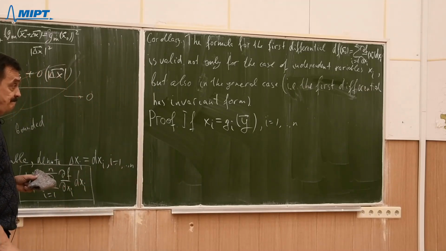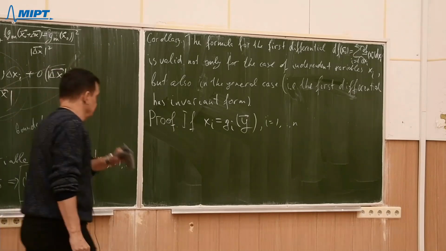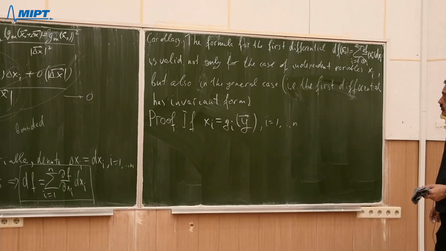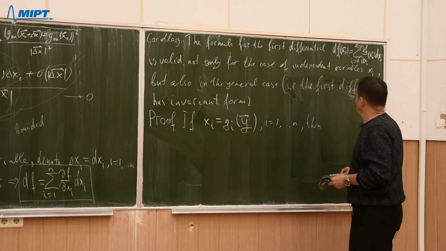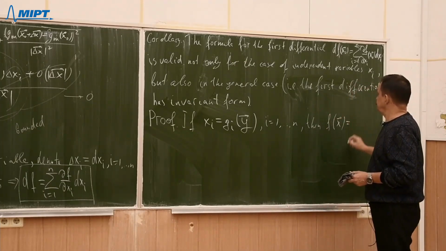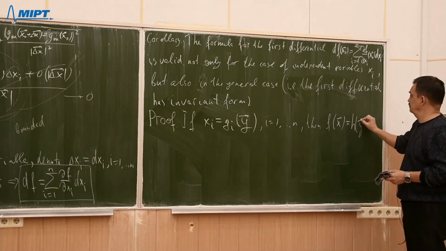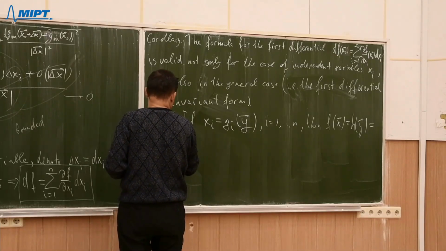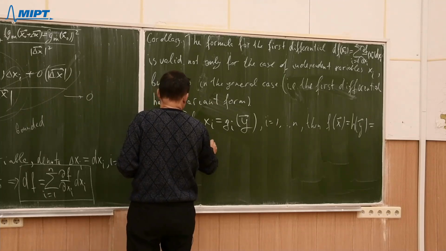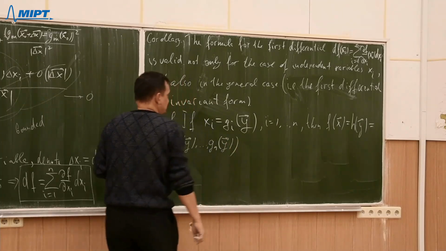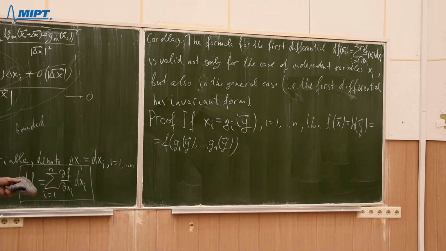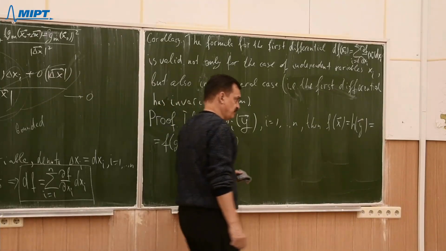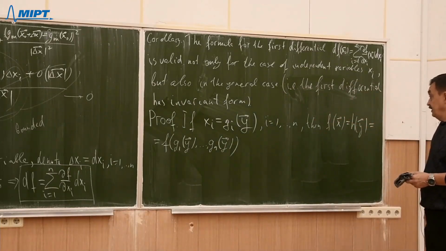I should change here. Okay, let it be like that. If xi are functions, then f of x is a function h of y, which is written in detail as f of g1 of y, and so on, gn of y. So you see, comparing with the theorem, I changed the roles of y's and x's. It's a bad idea, of course.